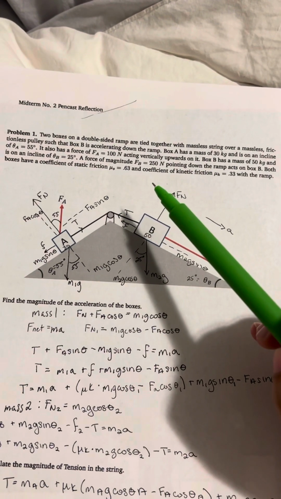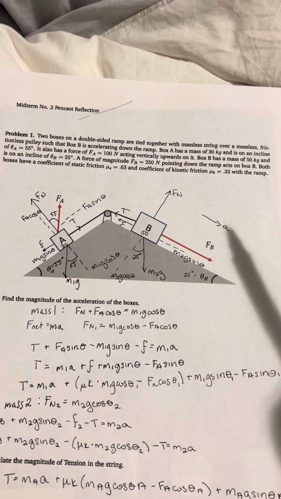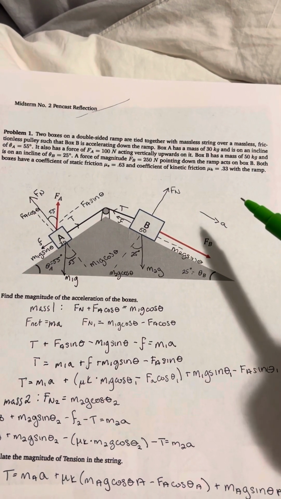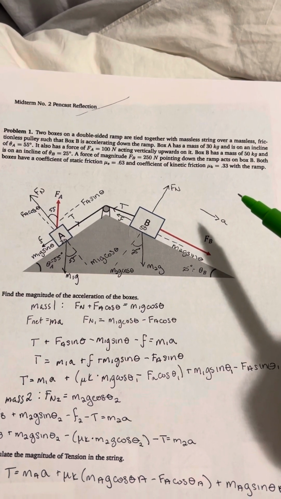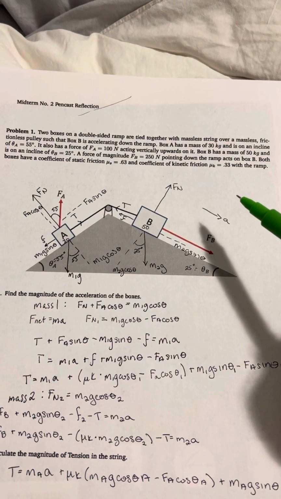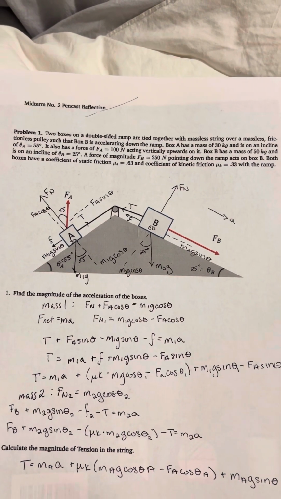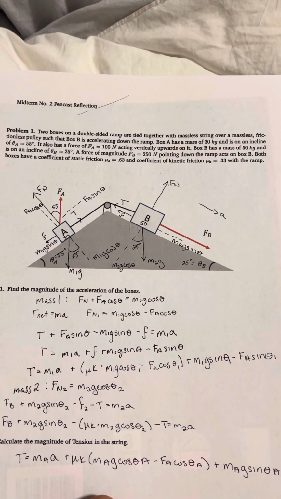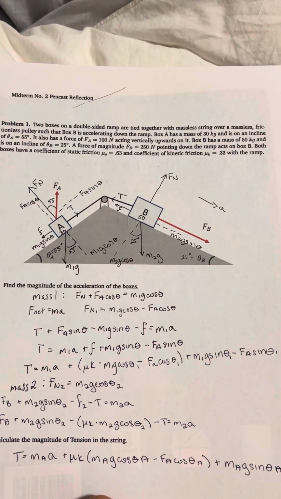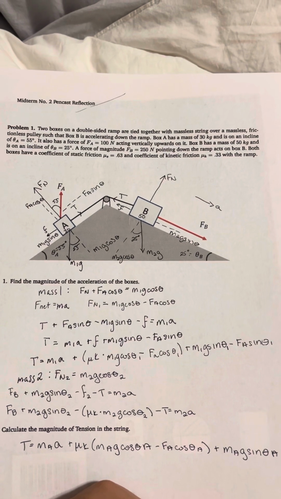So 2 boxes on a double-sided ramp are tied together with massless string over a massless frictionless pulley such that box B is accelerating down the ramp. Box A has a mass of 30 kilograms and is on an incline of theta A equals 55 degrees. It also has a force of Fa equals 100 newtons acting vertically upwards on it.